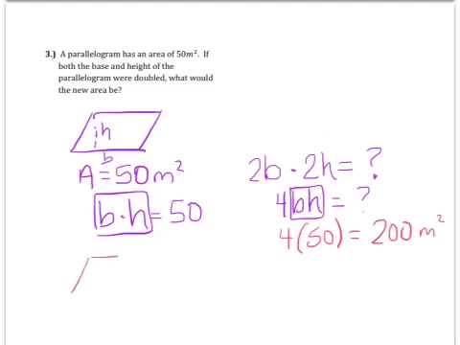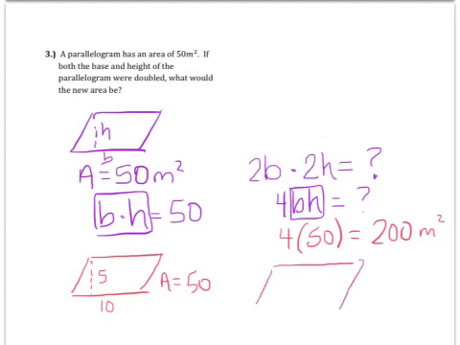where the area of a parallelogram is 50. So let's just say the base were 10 and the height were 5. Okay, so we know that that area equals 50. Okay, well, let's double those. So just pretend like this is twice as big as the other one, or the base and the height are twice as big.